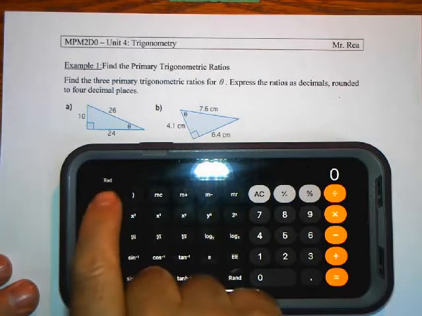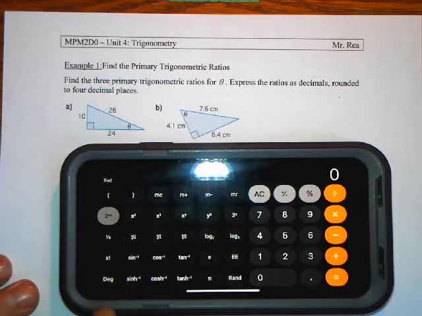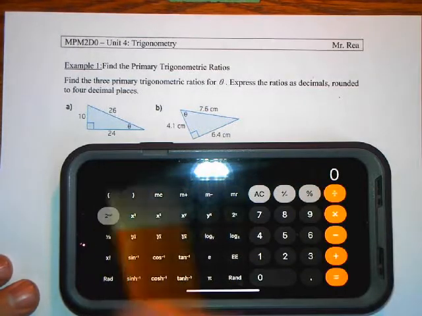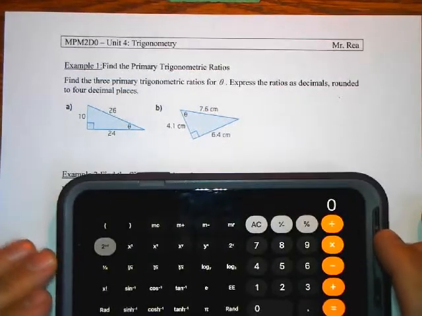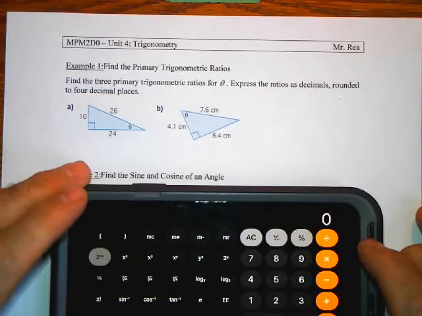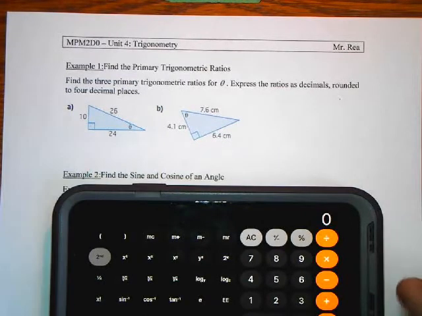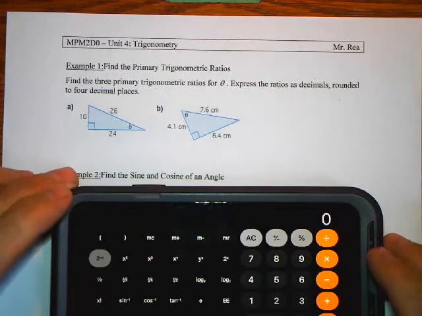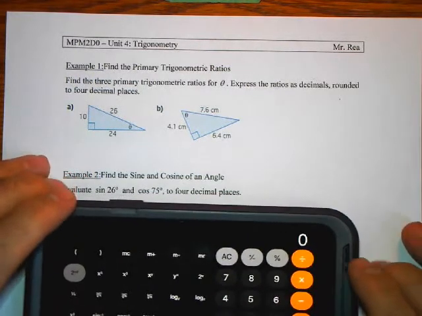If I press that, it shows rad, and you can see this button change to degrees. You want to change it back. Unfortunately, they don't put the DEG at the top, which I've never really understood. But on your calculator, you'll have something at the top, either degree, RAD, or DRG. You're looking for that first. If you have the wrong setting, all these calculations will be wrong, and it's very frustrating.